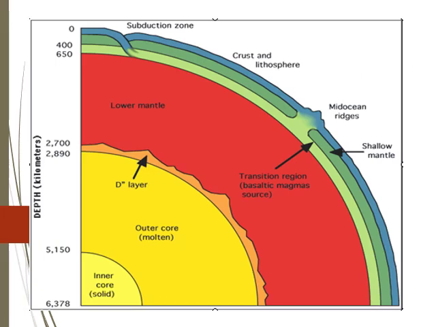Here you can see the depth of different layers. First of all, if we talk about the crust, the depth of crust is about 650 kilometers on different areas of Earth.